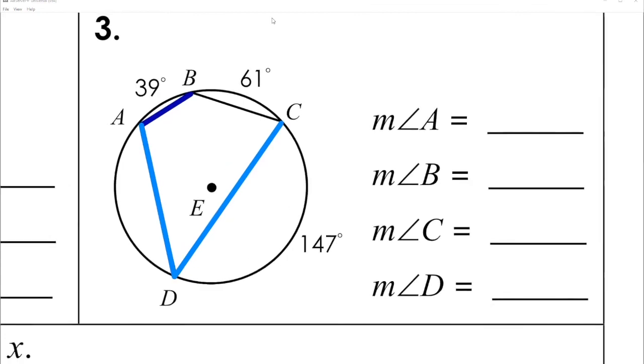Yep. So the measure of angle ADC is equal to half of which arc? AC. So ADC, AC is 39 plus 61.